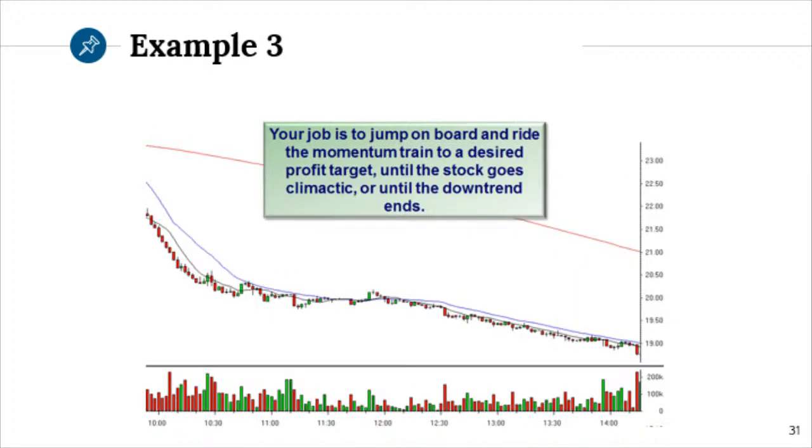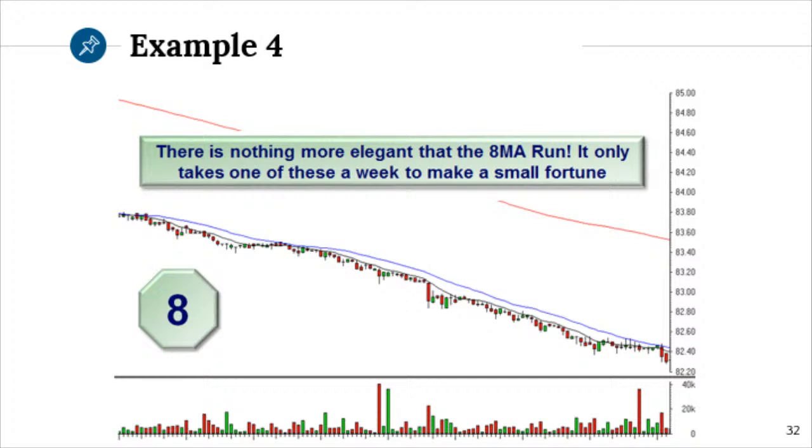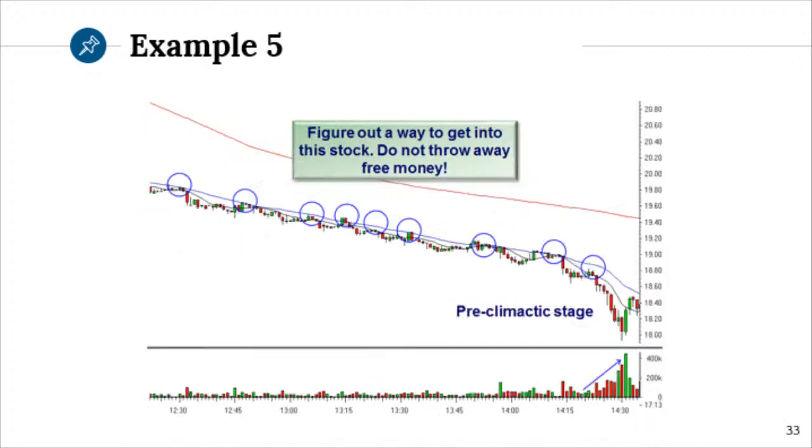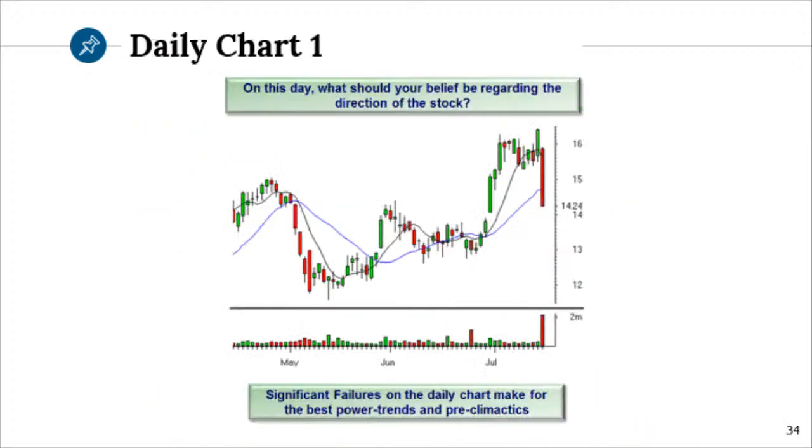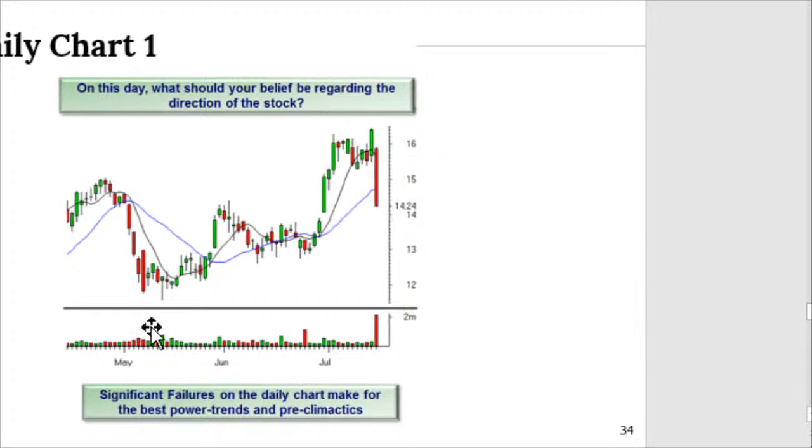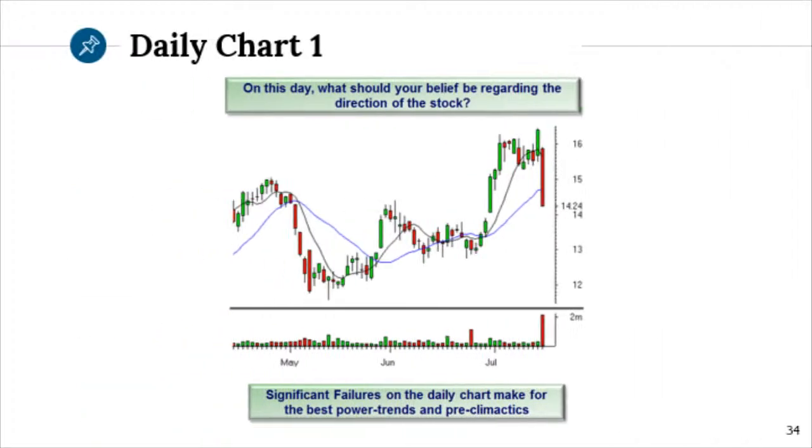But those are the ones that make for the best scalps, even if they're not purely level 2 trades. Those nice unidirectional trends that are just nice grinds with a lot of momentum. And the best ones, I would say, are these.